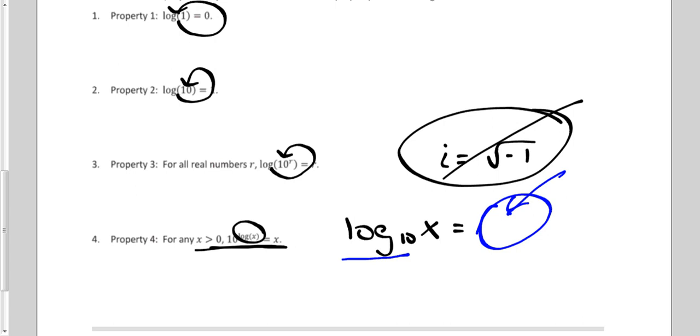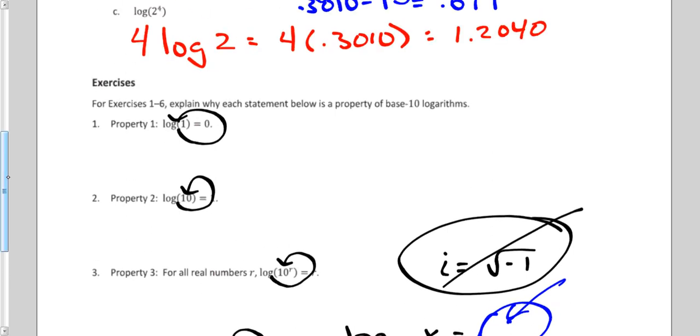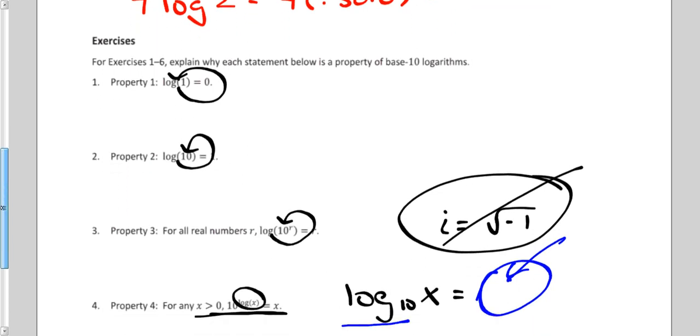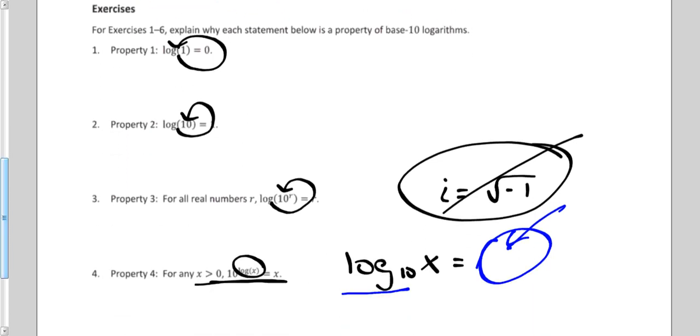What are the instructions, Nick? It says for any x greater than 0, explain why each statement is a property of base 10 logarithms. So I'm not looking for an answer as in a number. I'm looking for an answer as in an explanation.